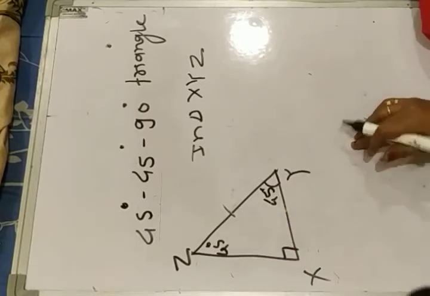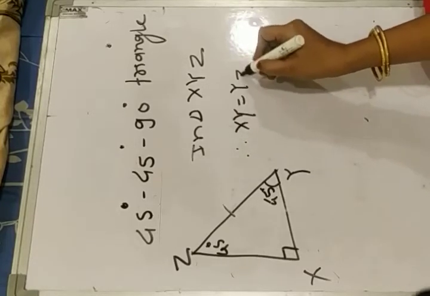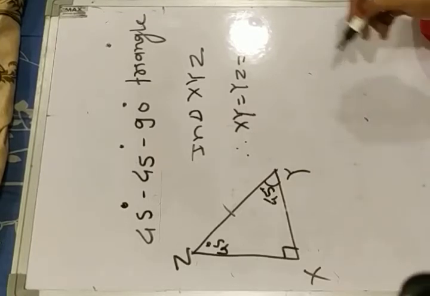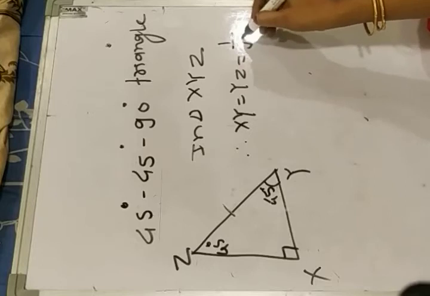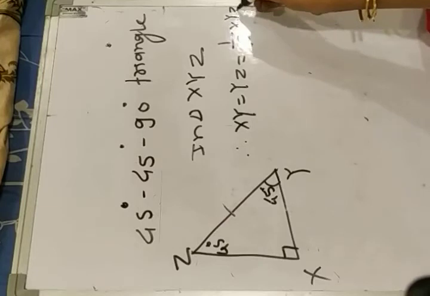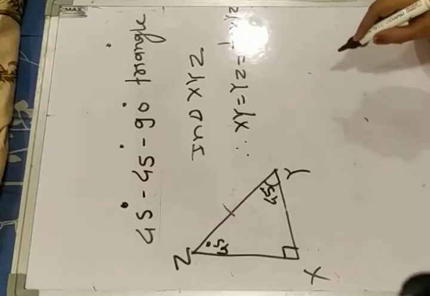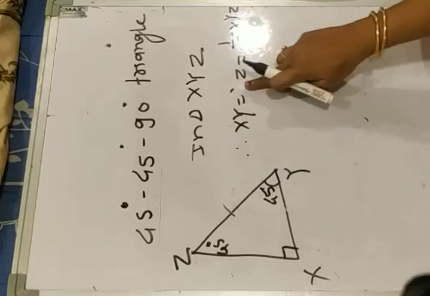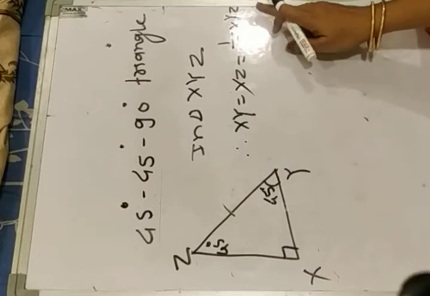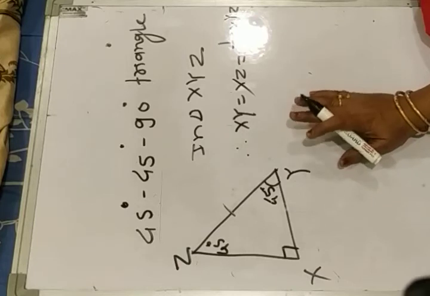Therefore XY equal to XZ equal to 1 by root 2 times its hypotenuse, and the hypotenuse is YZ. This is the 45-45-90 degree triangle property.